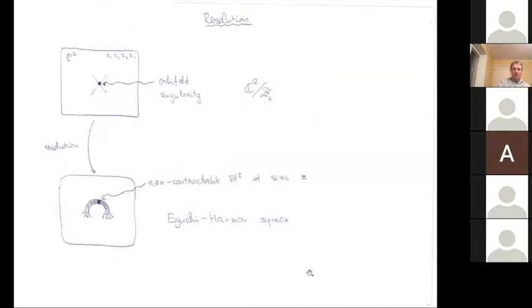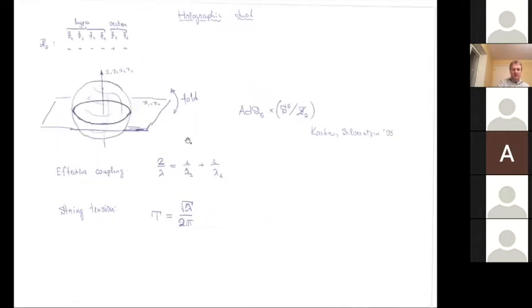This is also something that was known in string theory for a long time. So if you consider an orbifold, let's consider a simple cross section in the vicinity of the orbifold line here.